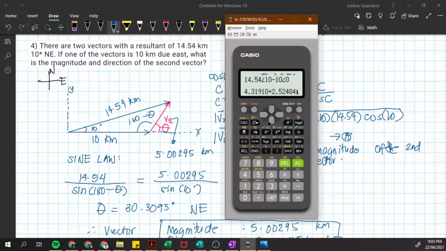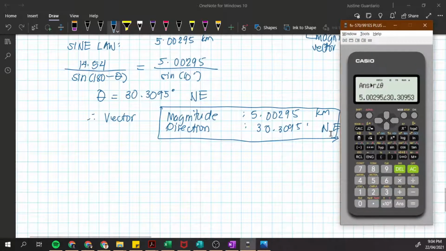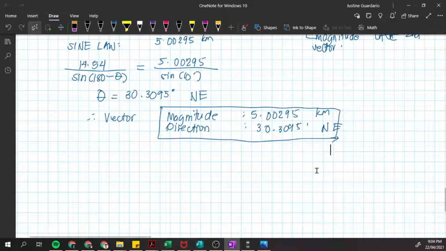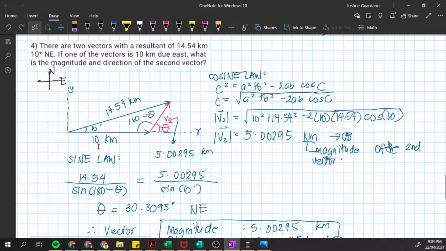We can solve the second vector, and to convert it to r angle theta form, shift complex, then press 3, then the equal sign. We can solve that, which is this one: 5.00295 angle 30.3953 northeast. So basically, that will be our last problem regarding vectors.